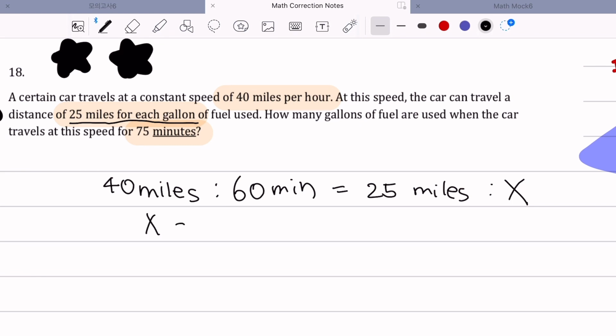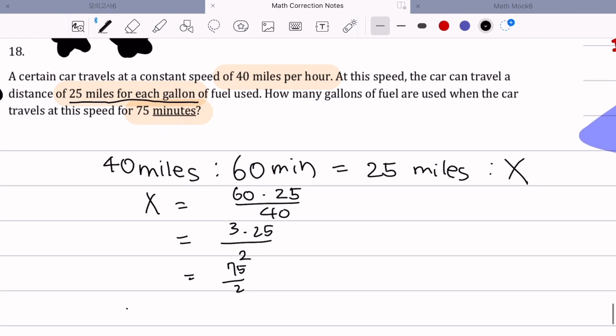So x would be 60 times 25 over 40. And this is 3 times 25 over 2. And this is 75 over 2. So it takes 75 over 2 minutes to go 25 miles, which uses 1 gallon.